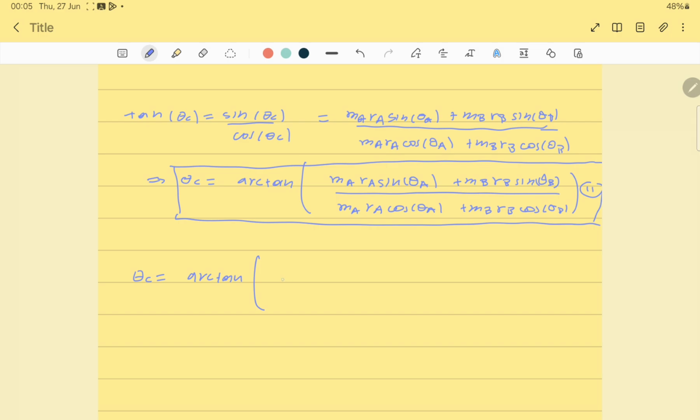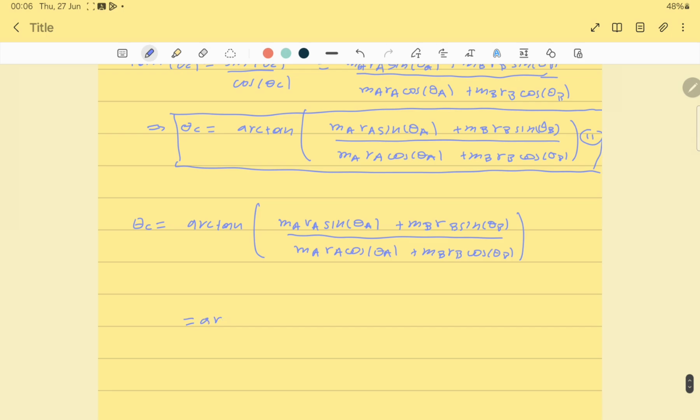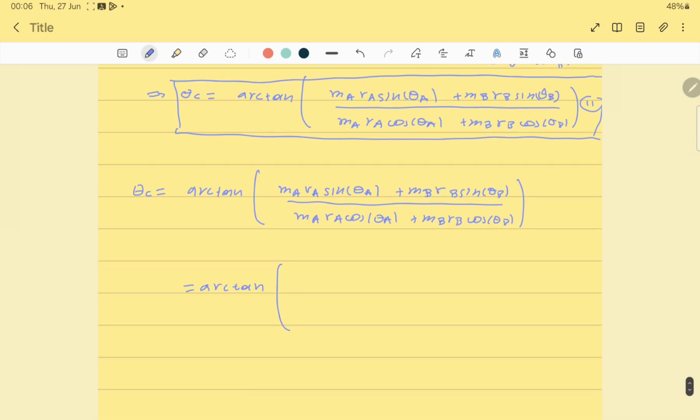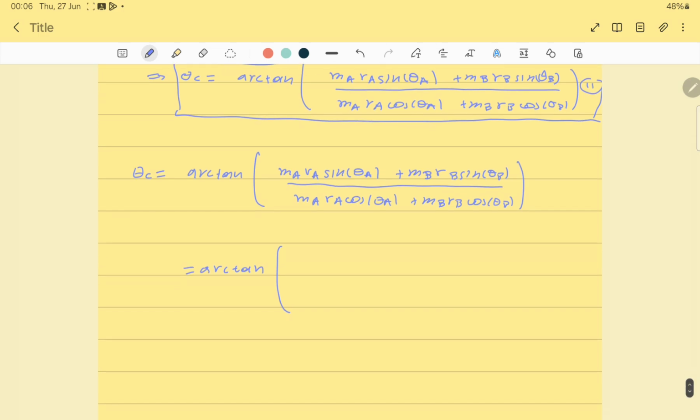Arctangent, I rewrite the formula. And I do substitution. So I have to plug in the numbers.